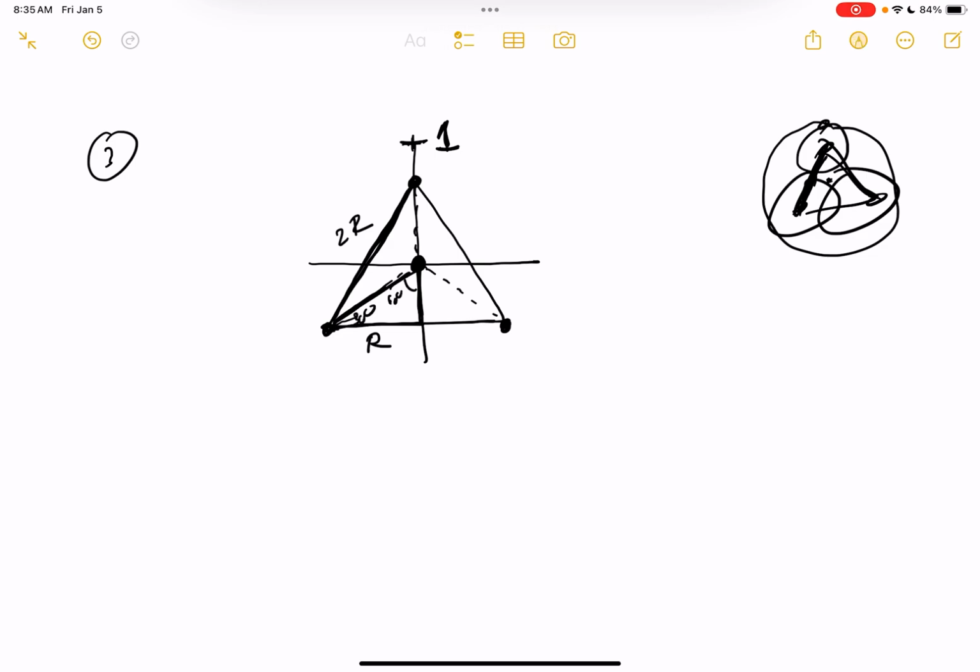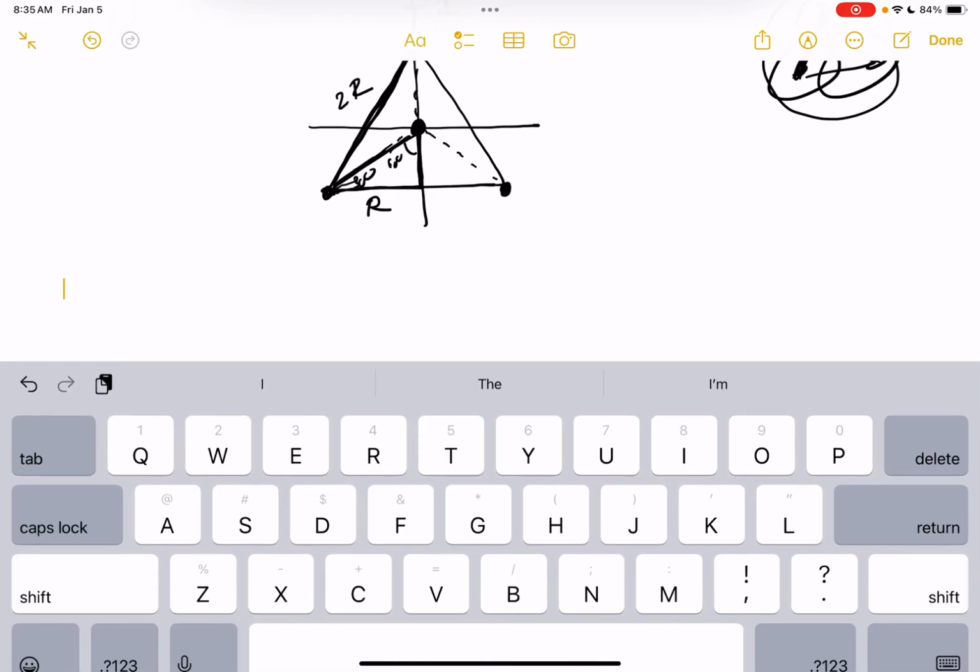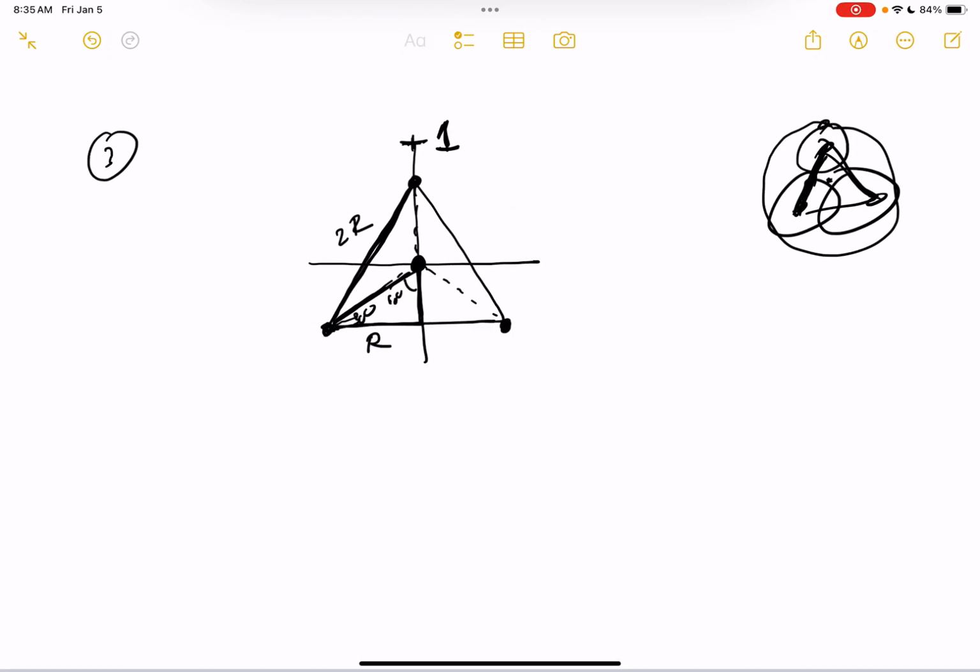And let's talk about the dimensions over here now. So it's a 30, 60, 90, and that should be sort of well known to you.